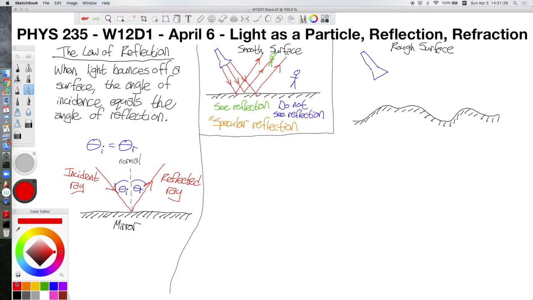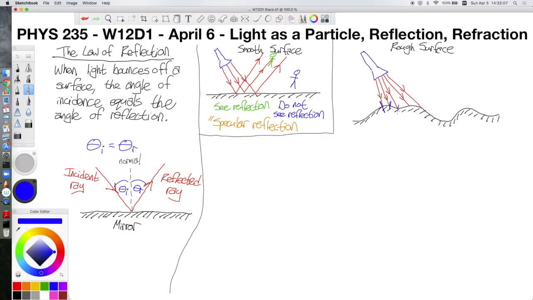So here we have our flashlight again, and I'm going to draw 5 rays coming out of this flashlight. Now each of these 5 rays by itself will obey the law of reflection, but note that the normal is pointing in a different direction at each of these locations. So here, this ray strikes almost aligned with our normal.